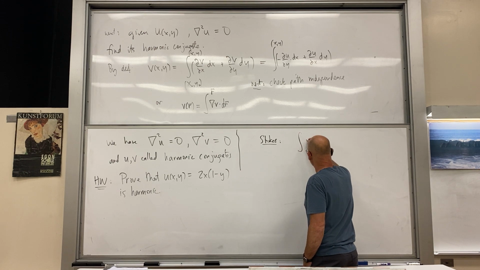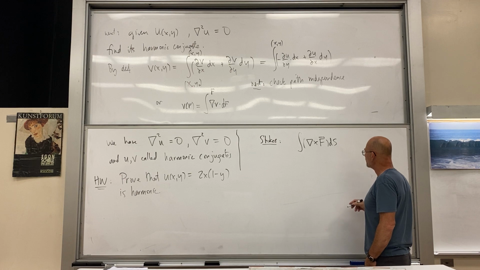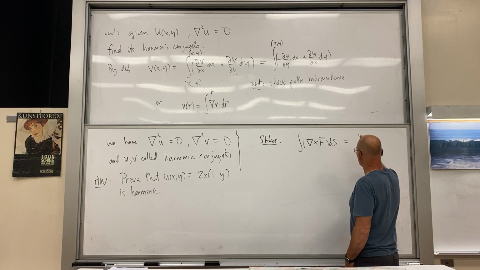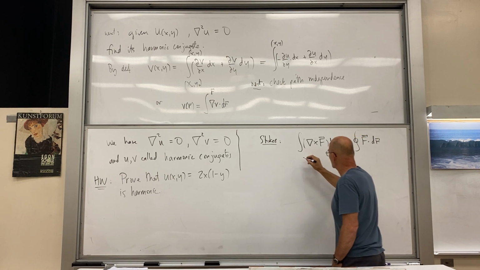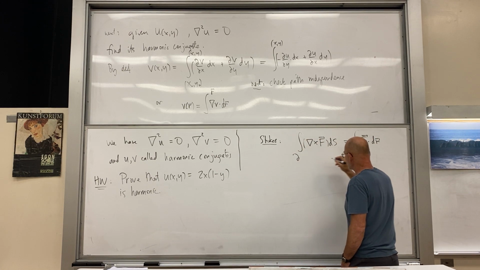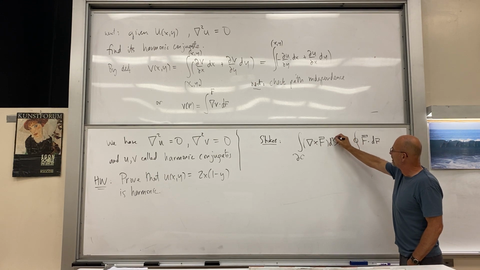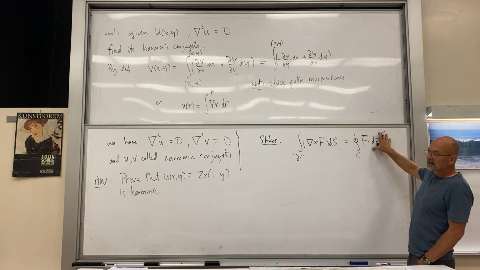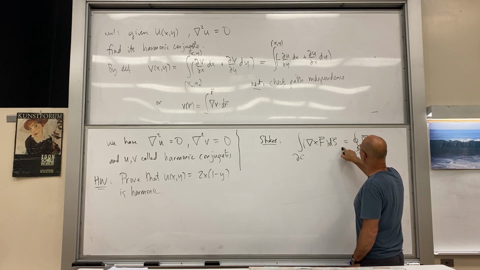So we have the curl of a vector field F, integrated over the surface bounded by a curve, is equal to the integral of F dot dr over the closed curve, the boundary of the surface, which I'll call C. Surface integral, if you want, and contour integral. So the question is, what would our F be?